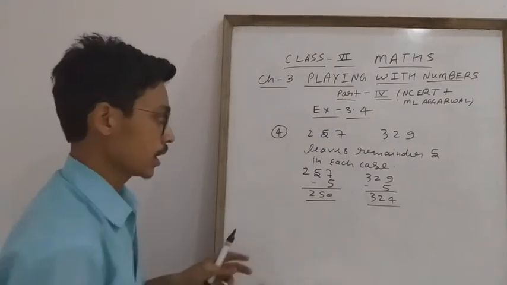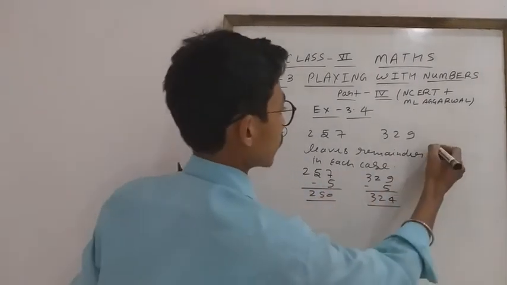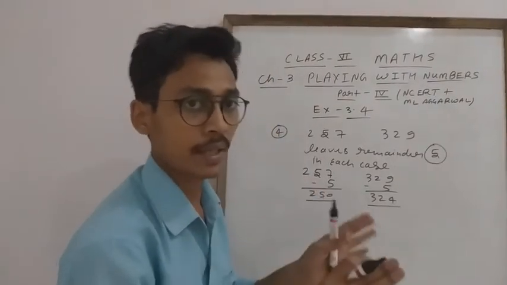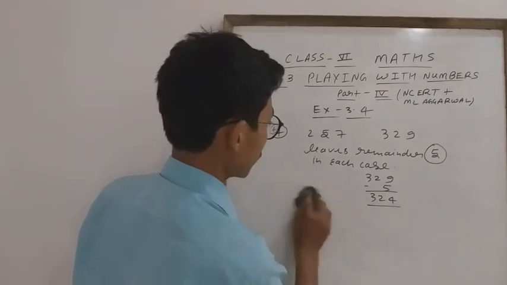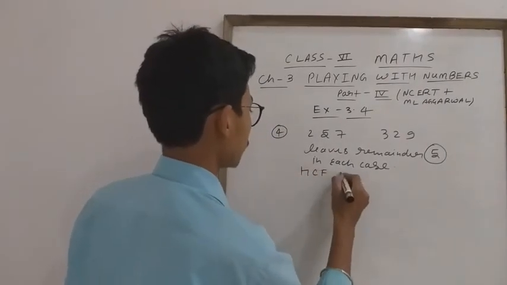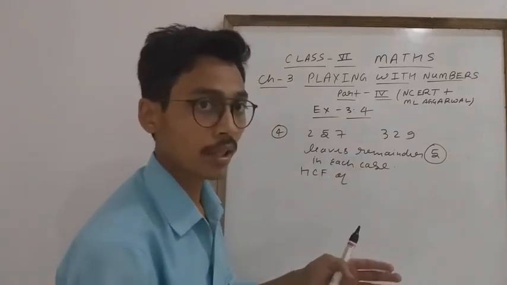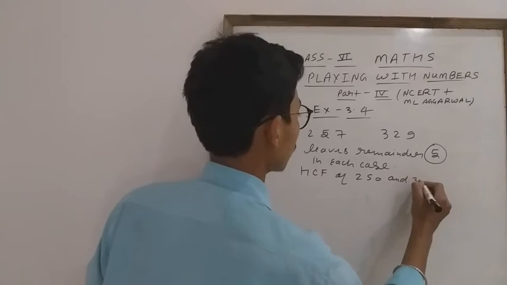Why am I subtracting? Because 5 is the remainder. So here I will subtract the remainder. Clear? Now 250 and 324 are our numbers. Now find the HCF, because you have to find the maximum number.